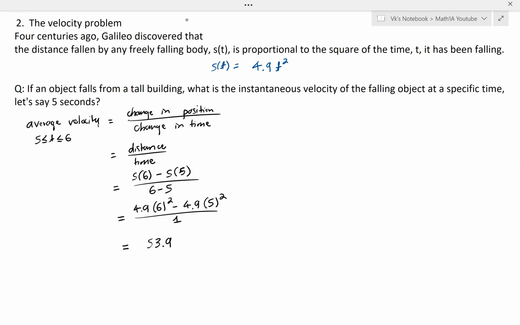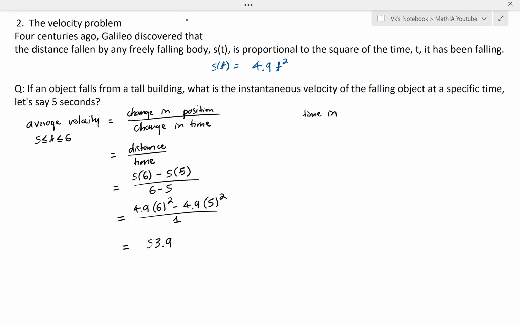In order to figure out the instantaneous velocity, we need to take the difference between 5 seconds and the time after 5 seconds in a shorter and shorter interval, because we want the exact velocity at 5 seconds. And the best way to do this is to use a table.